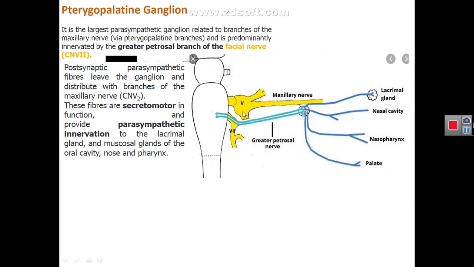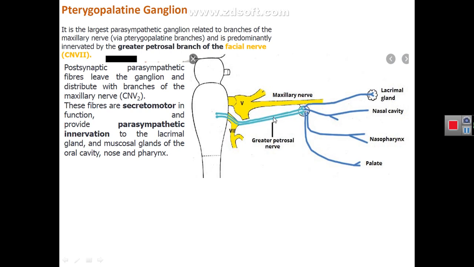The pterygopalatine ganglia, as I said, is one of the peripheral parasympathetic ganglia of the head and neck. There are 4 ganglia. It receives preganglionic fibers that originate from the salivatory nuclei of the medulla. The axon of the inferior salivatory nuclei in the medulla passes with the facial nerve, and this axon then leaves the facial nerve as the greater petrosal branch of the facial nerve.